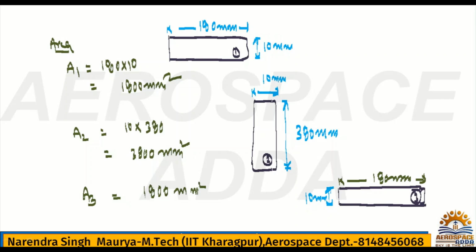Second thing, also very important, that is CG location. For each and every individual section we have to calculate the CG location. Now see, if this is a rectangular section, how to get the CG location? You just draw a diagonal here, and this is also a diagonal.